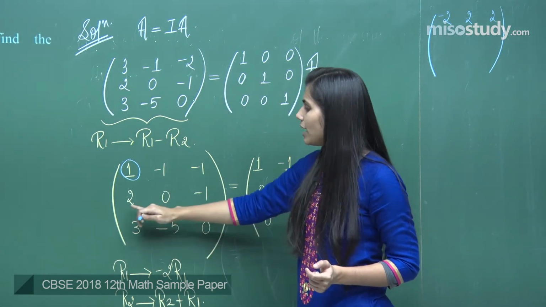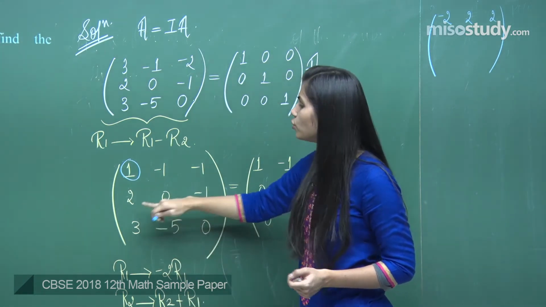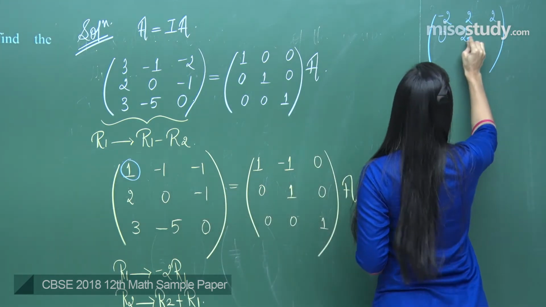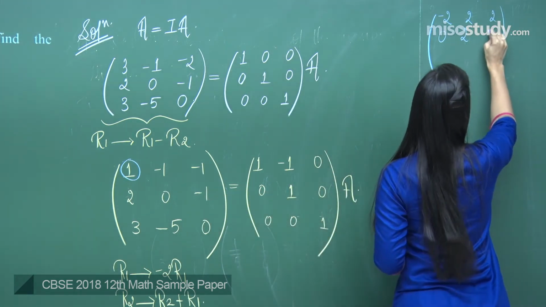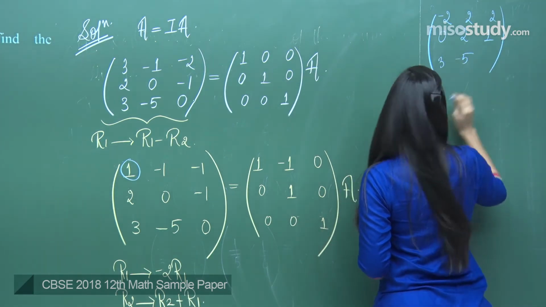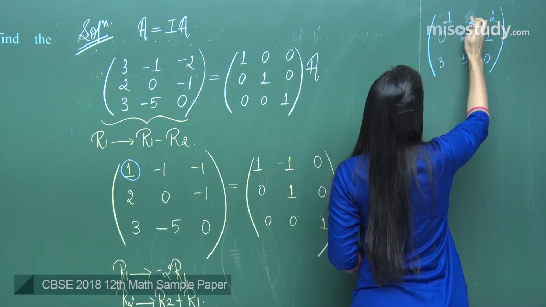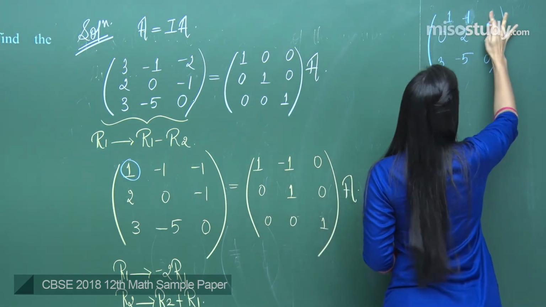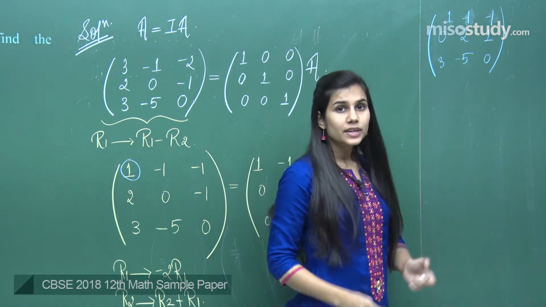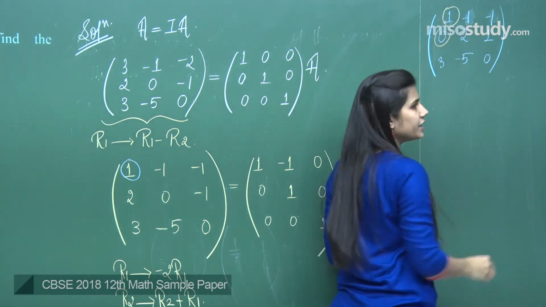Then row 2 goes to row 2 plus this new row 1. So 2 plus minus 2, 0 plus 2, minus 1 plus 2, and here you have 3 minus 5 and 0, after which you can take out this common factor and again get back the same entries. That's what I've done, and now by these operations I have obtained a 0 over here and 1 over here.